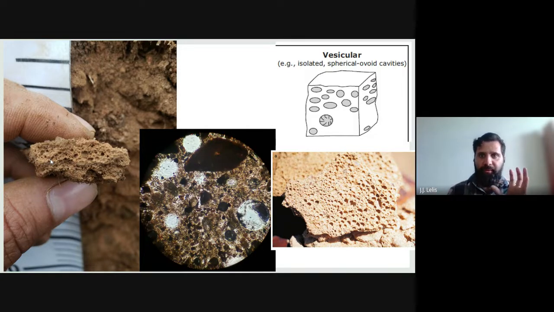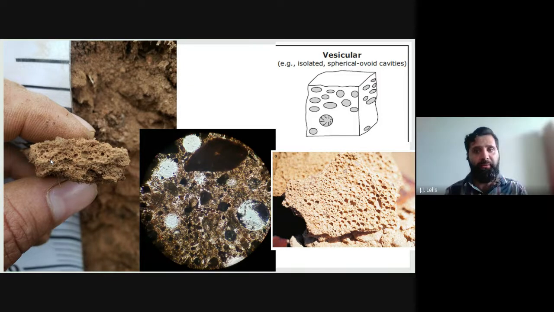So the type of void is a very good information that we can use, but we need other morphological evidences, other morphological properties to fulfill the story, to understand better the evolution and the formation of that horizon, okay?